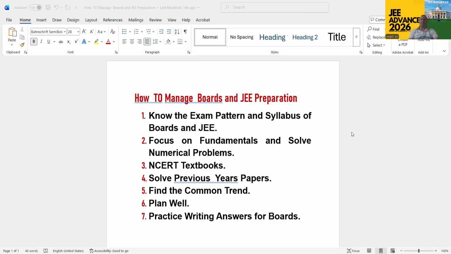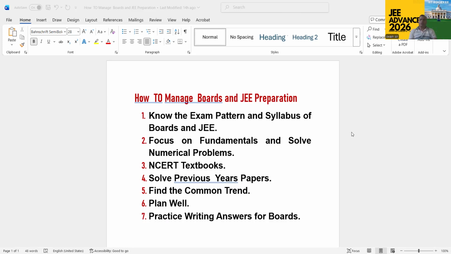Nowadays, so many book series are available in the market, like the Cengage series with 5 books, and the Arihant series also. There are 5 books in mathematics: coordinate geometry, calculus, algebra, vector and 3D, and trigonometry.